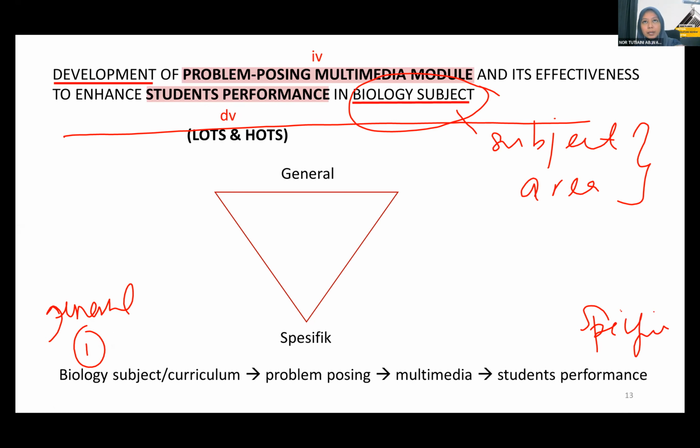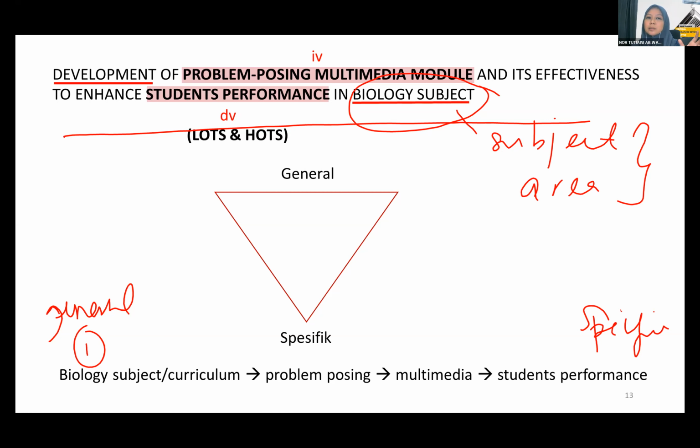Okay, and then perhaps I want to showcase my problem posing first, which is my independent variable first. This depends actually how you want to explain those things. Sometimes I tengok dalam literature review ada yang letak dependent variable dulu. Tapi I don't really into that because I think independent variables need to be taught first, need to be discussed first.